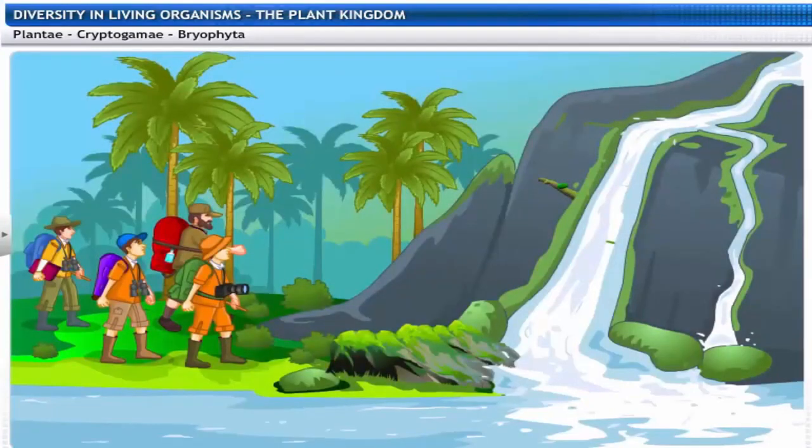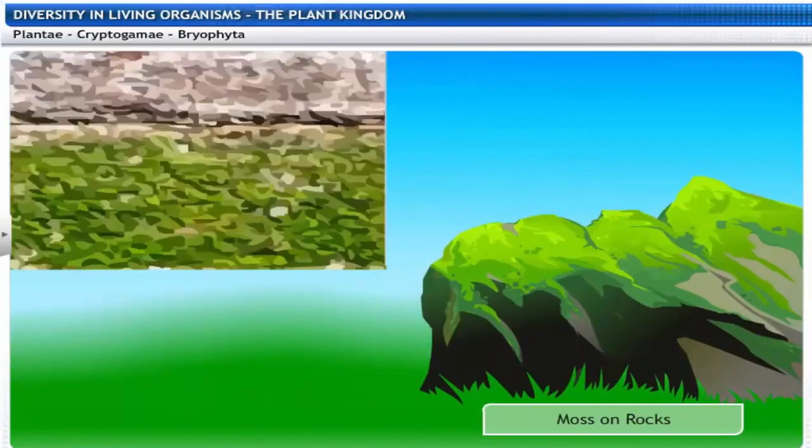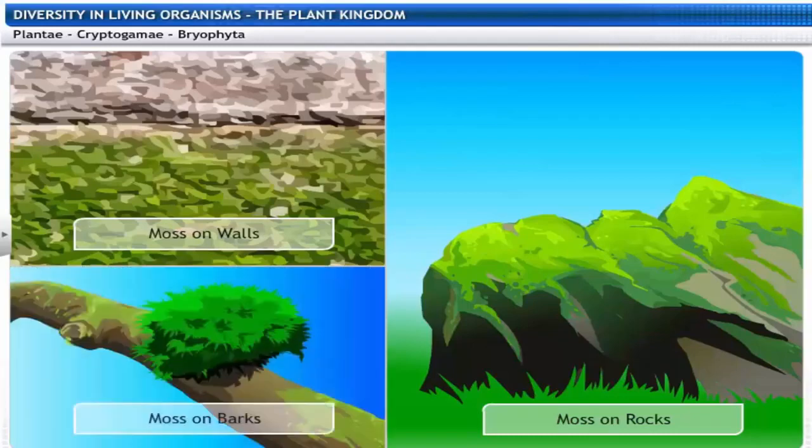Look at this thin carpet of vegetation on the rock. Do you know what it is called? It's moss. You may have noticed moss on walls, rocks, and barks of trees.